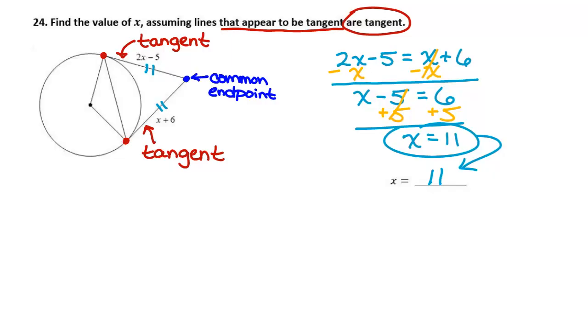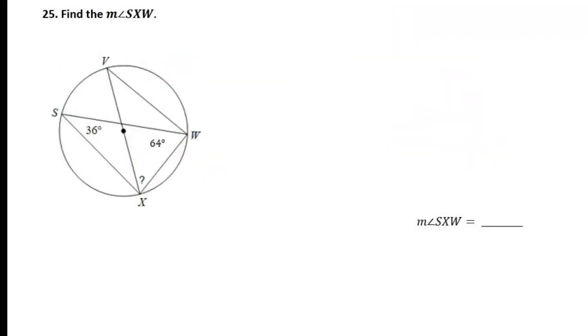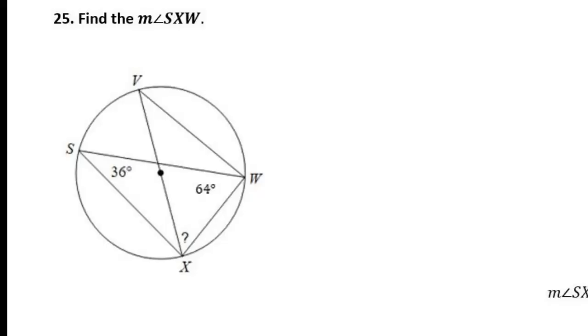You said 25? I think I have just enough time for 25, actually. On number 25, we've been asked to find the measurement of angle SXW, this angle right here. That is an inscribed angle.